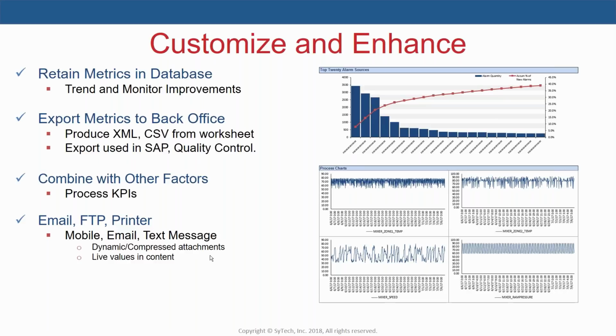We've already talked about combining it with other factors like the process KPIs. One thing that's probably notable as well here is that when we produce this information about the alarm system, we don't replicate the alarm system in our own database. The actual number crunching is done live.